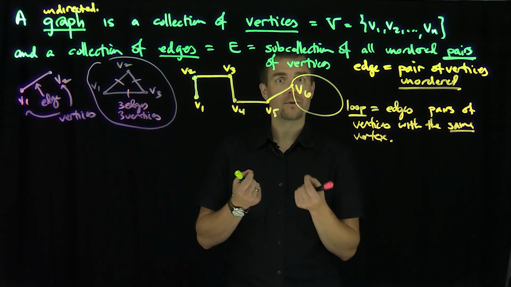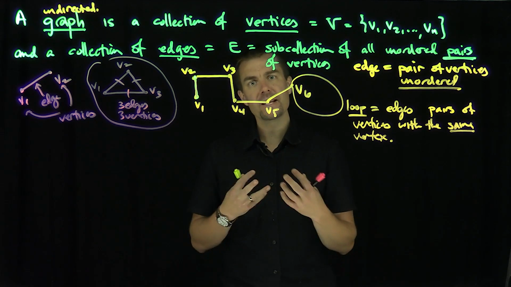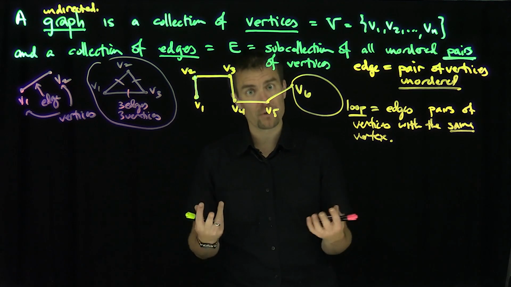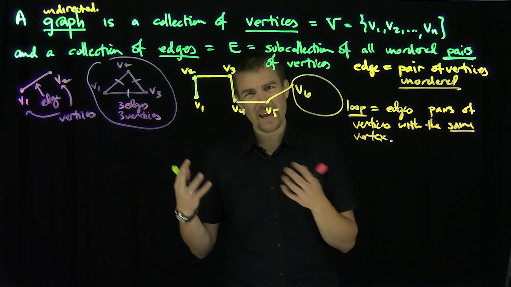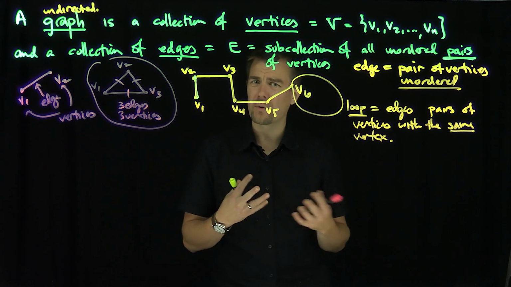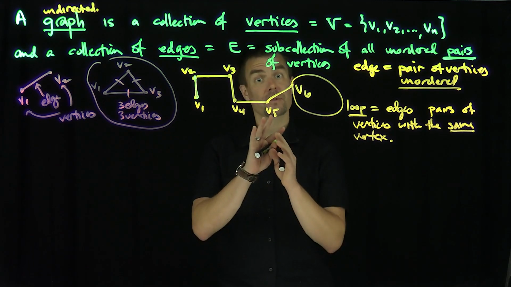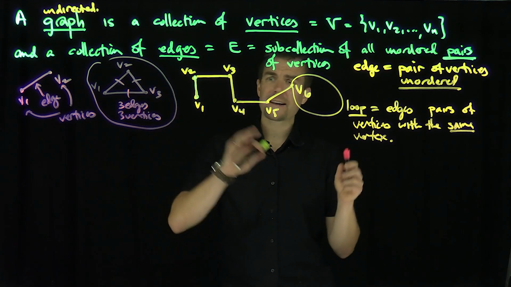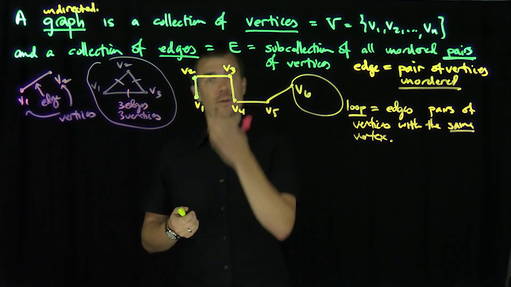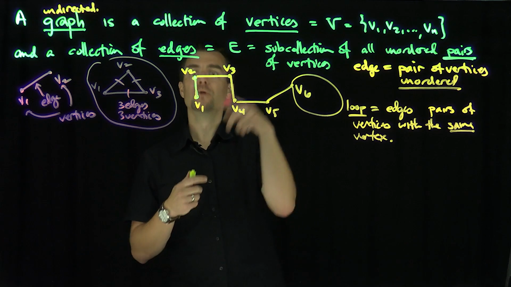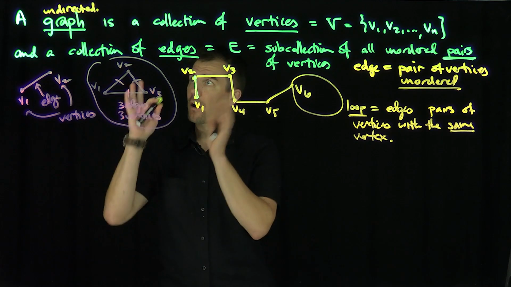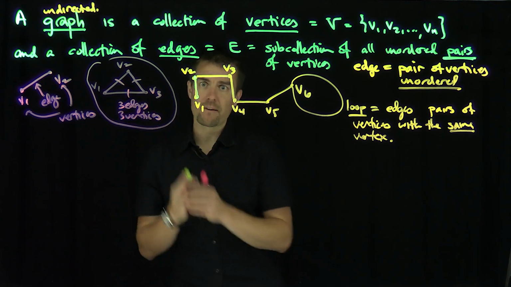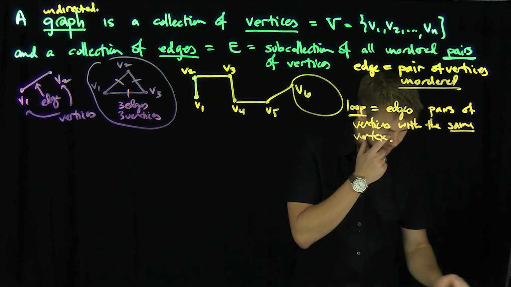Once I tell you V1, V2 is in my set of edges, I don't need to say V1, V2 is an edge again. In certain cases where you might want to talk about weightings, you might want to do that. But in the example of a simple graph, we're not going to have these multi-edges where I'm counting V1, V2 many times, or these loops. I just want to consider graphs that are undirected and don't have loops and don't have multi-edges. That's the situation we're going to be most interested in.